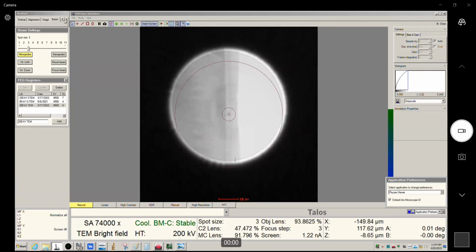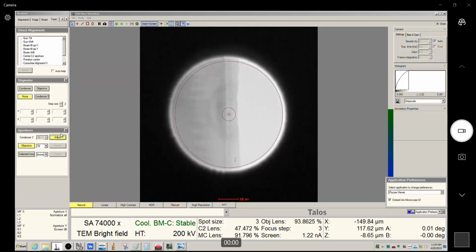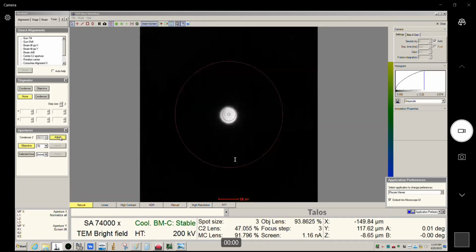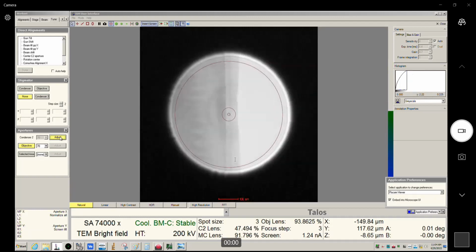All right, so I'm going to be quick and dirty here and just realign the C2 aperture, but I'm going to leave everything else as is. All right, looks good.